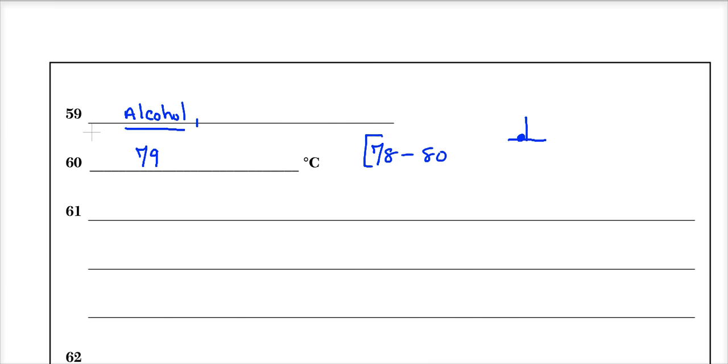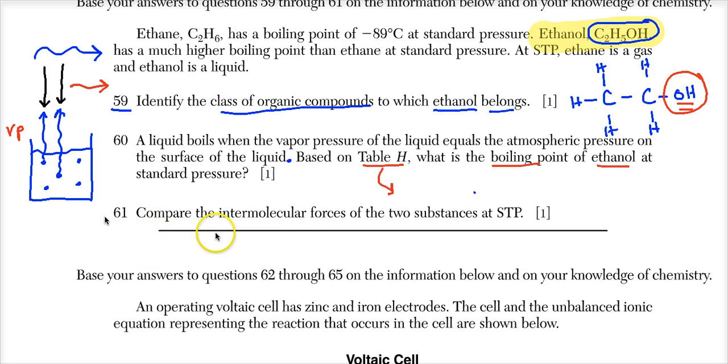All right, number 61. So in number 61, compare the intermolecular forces. These are not bonds. These are the attractive forces between the molecules of the two substances at STP.